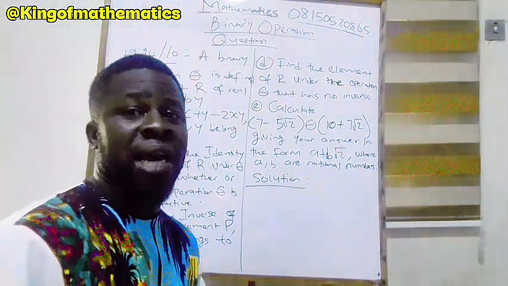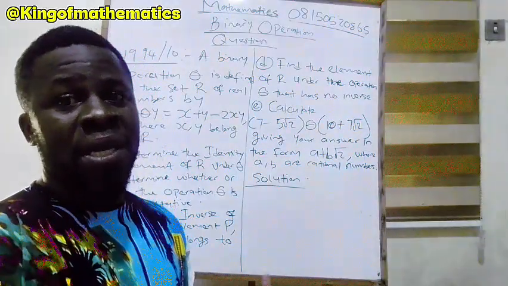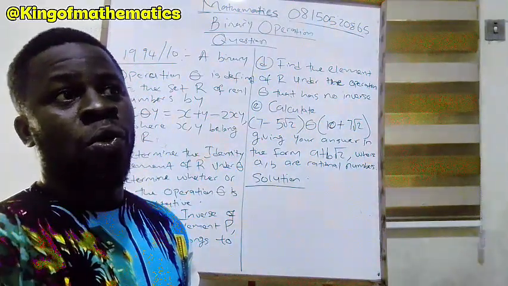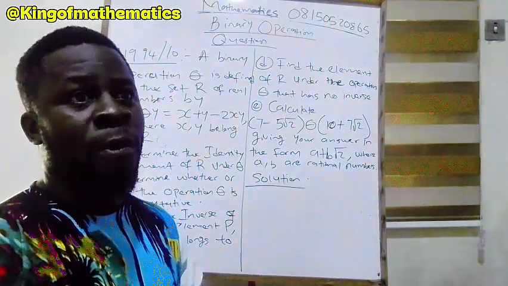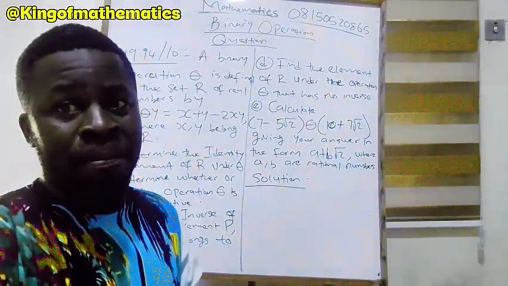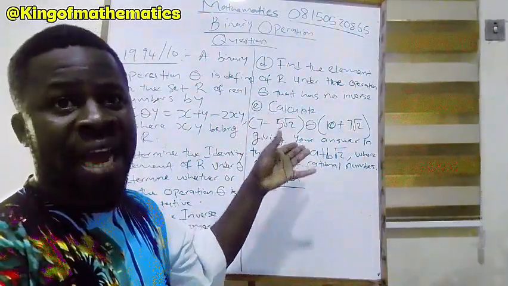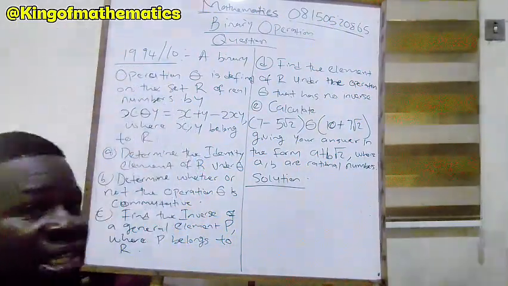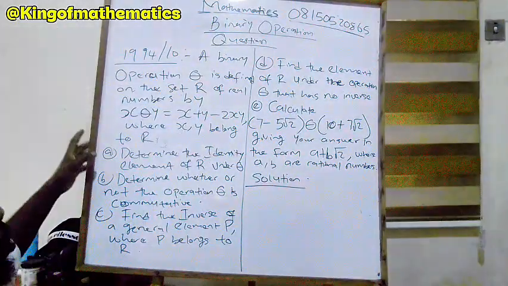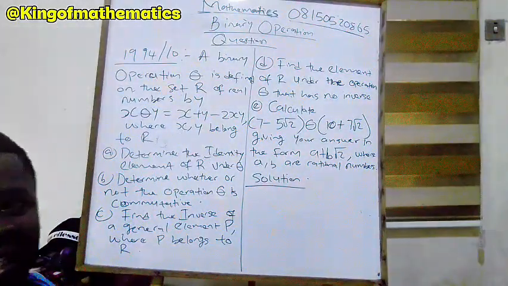That's like telling you that you want to combine them. So that's why I used to tell you that when you're dealing with further math, there are some topics that have 2, 3, 4, 5 topics embedded in them. So you have to have knowledge of one before you can apply the other. So now let's take it gradually. From the first one, which says determine the identity element.